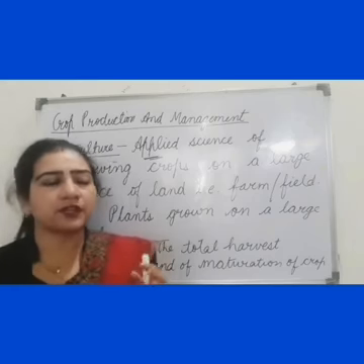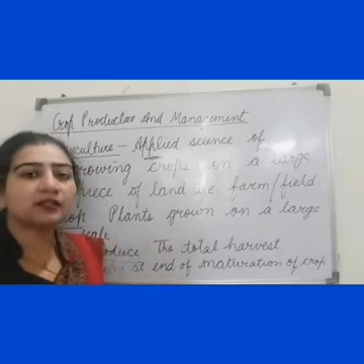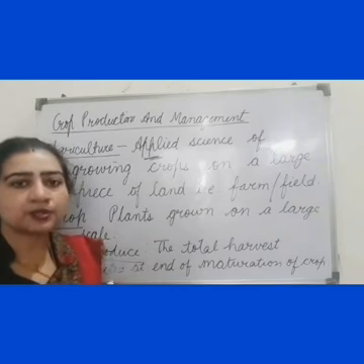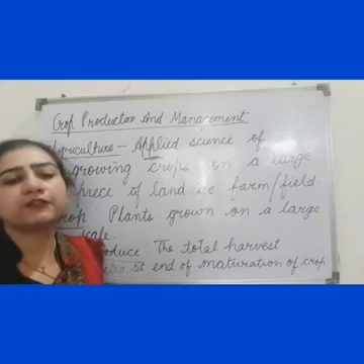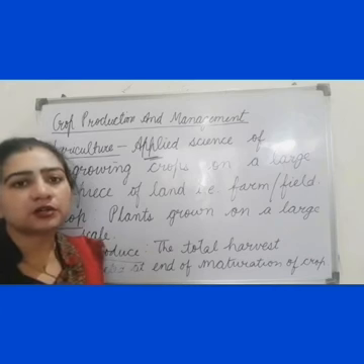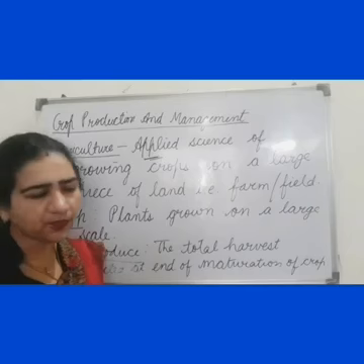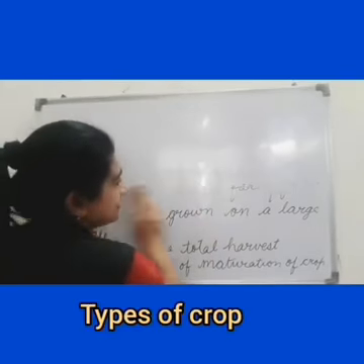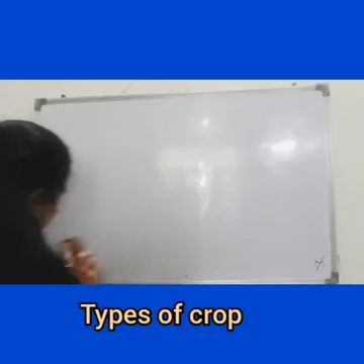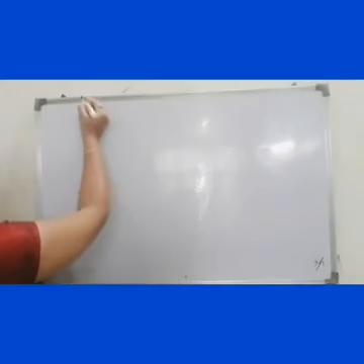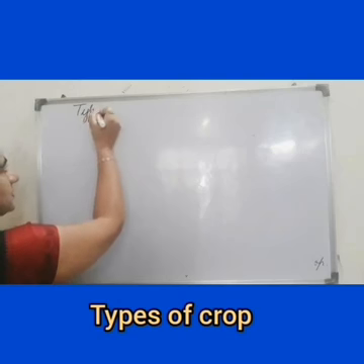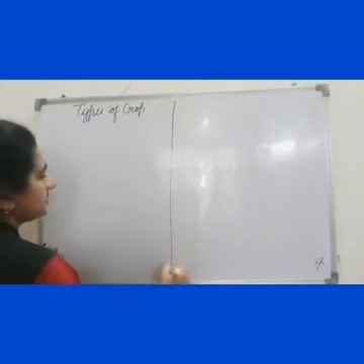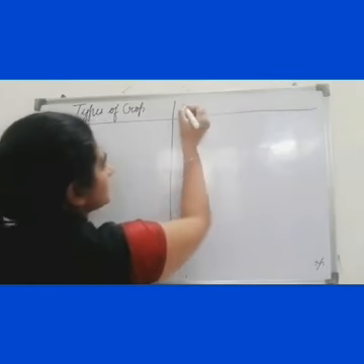Depending upon the various types of soil that you must have learnt in your geography lessons, we are able to have many different kinds of crop produce. I'll give you some examples: the types of crops and their examples.